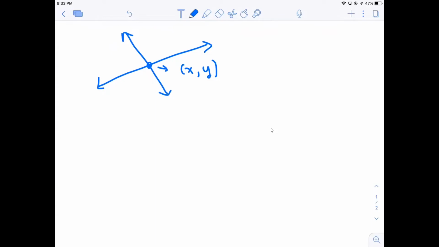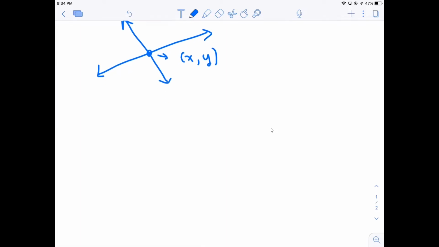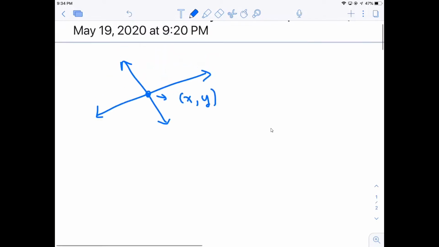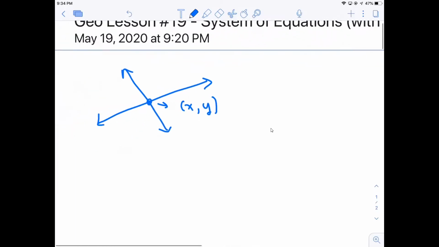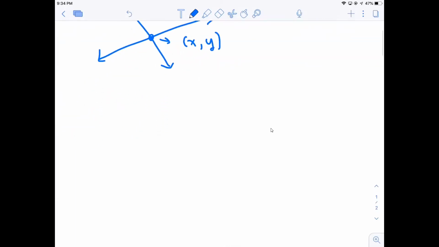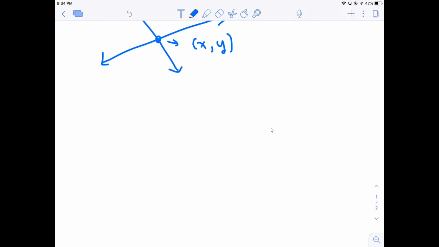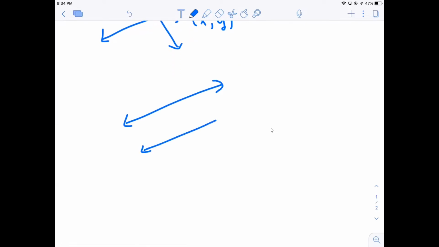You have probably done other systems in Algebra 1, like a parabola-line system, or an absolute value-line system, or maybe two parabolas or two quadratic equations. There are lots of different kinds of systems, but today we're going to be doing systems with circles. Getting back to a system of two lines, we can have one solution, or no solutions if the two lines are parallel.